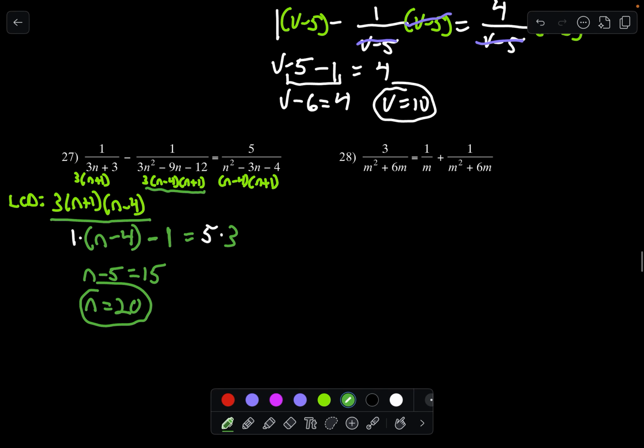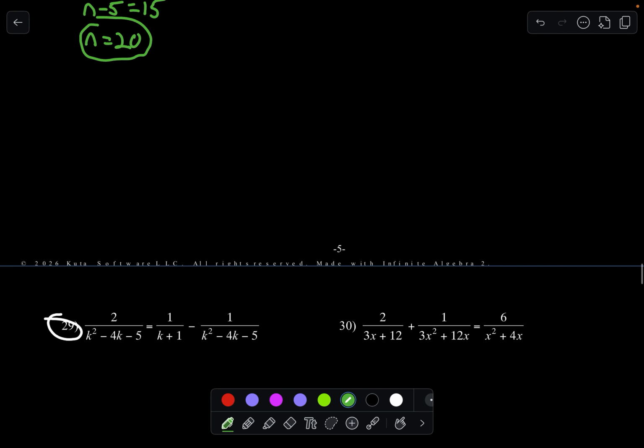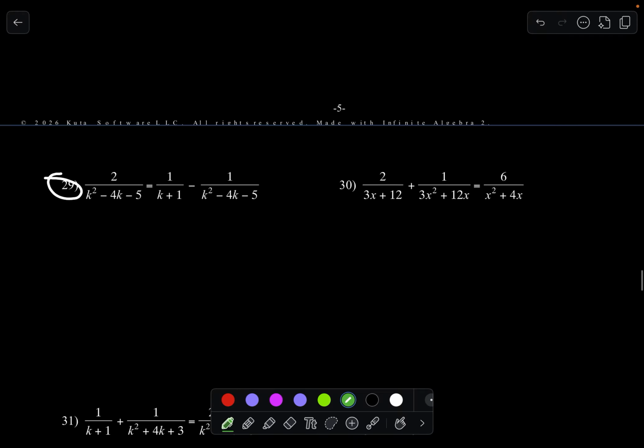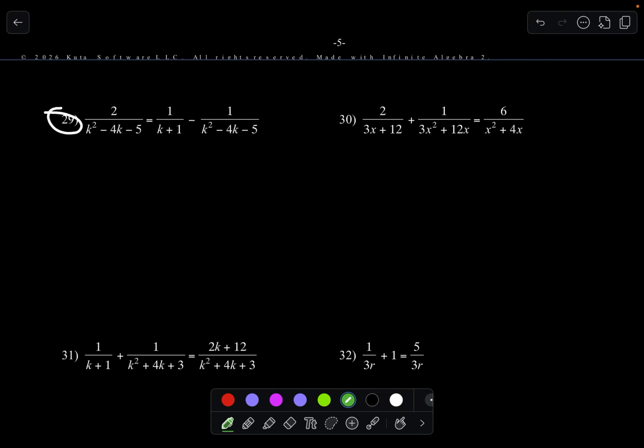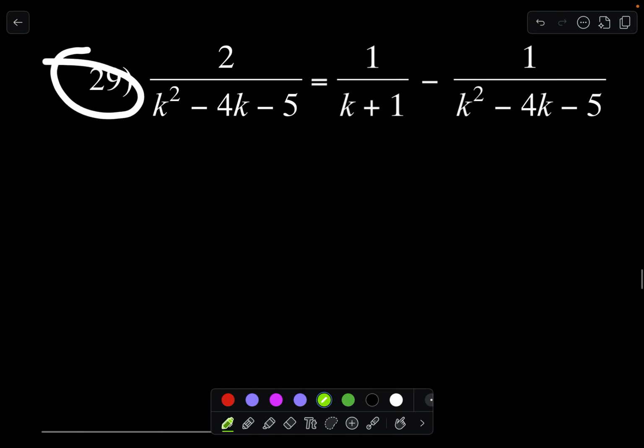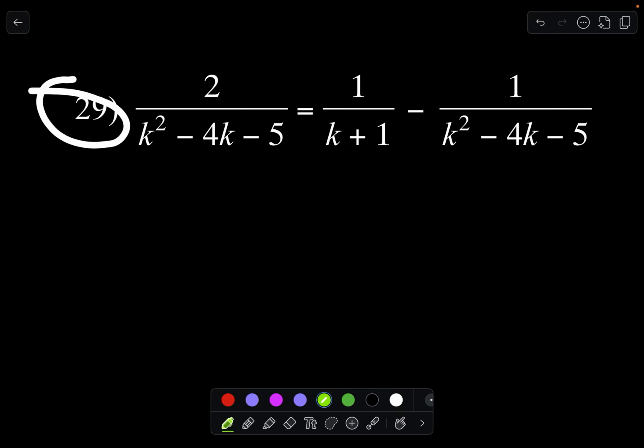All right, now let's jump down and do 29. Same idea, factor everything. I'm looking at k squared minus 4k minus 5, so that would be k minus 5, k plus 1. Then this is k plus 1, which doesn't need to be factored.